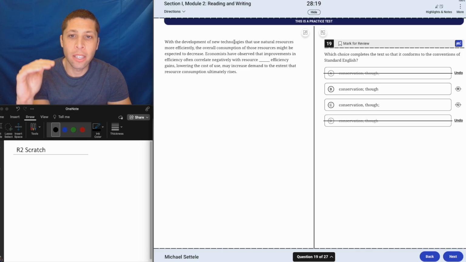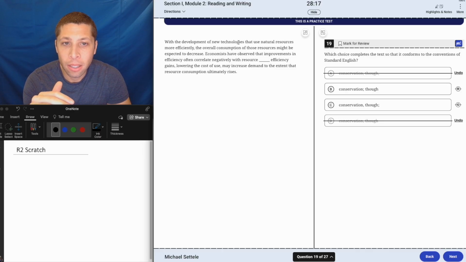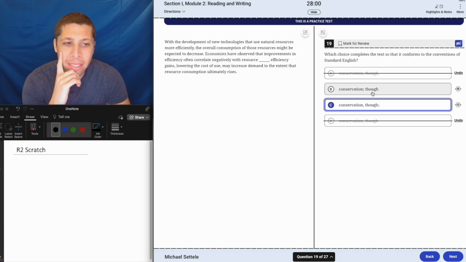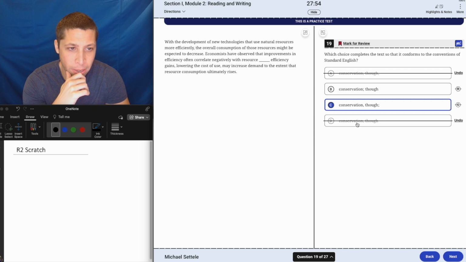It is expected to decrease, but improvements in efficiency correlate negatively, meaning it goes down. Yeah, plus I don't think this one would work, because then we would be saying, though, efficiency gains may increase. That's not a sentence then. Yeah, this is sneaky, but I'm pretty sure it's this.